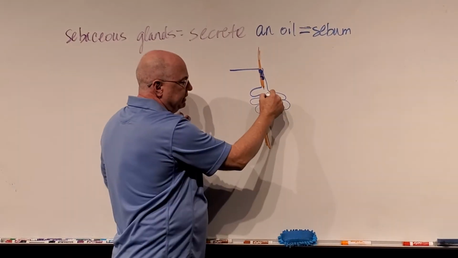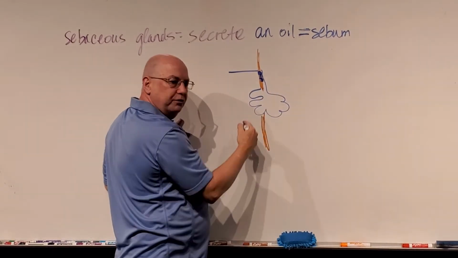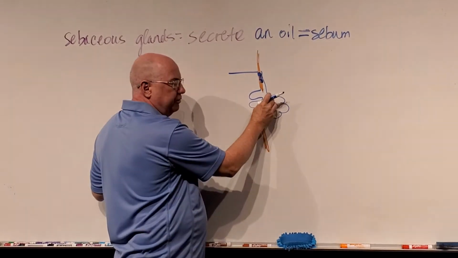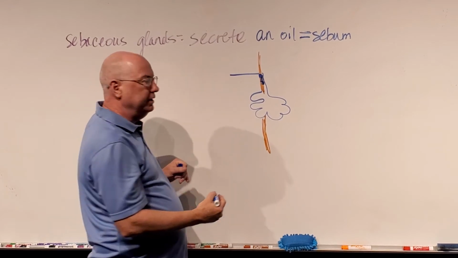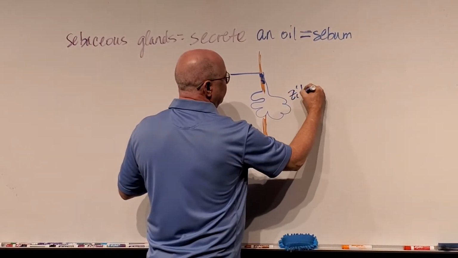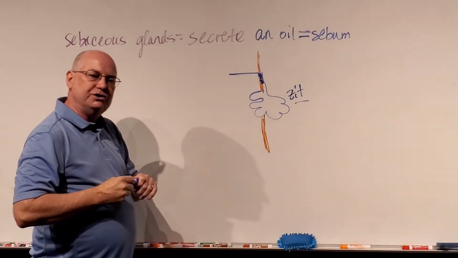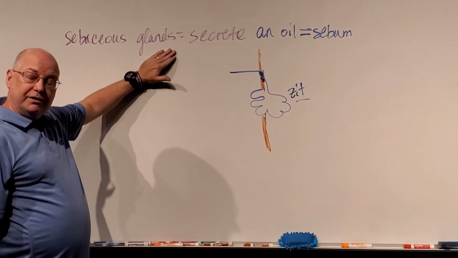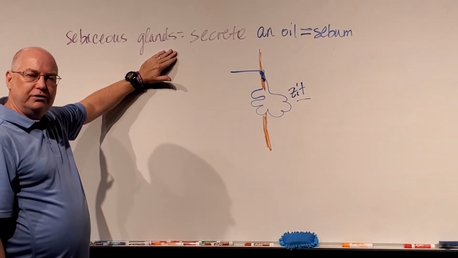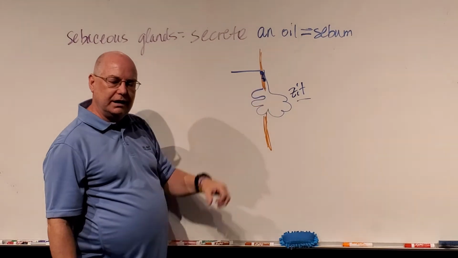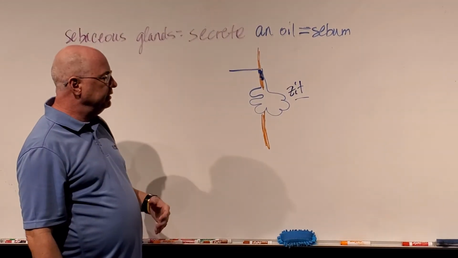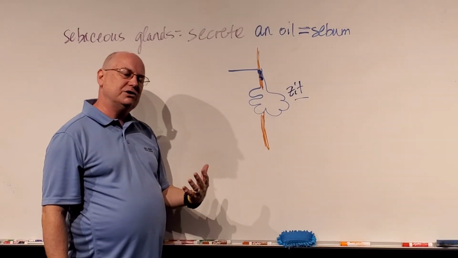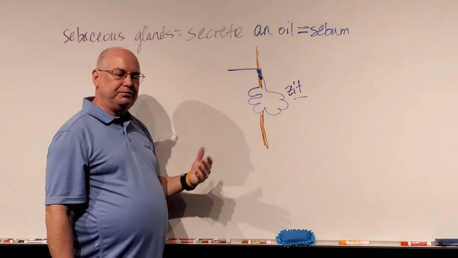And bacteria can get in here also, and those bacteria will feed on those lipids and the carbohydrates in the cells in here and create an infected sebaceous gland, which we call a zit or a pimple. So most of the zits or pimples in your body are infected sebaceous glands, oil glands, and they're clogged and get lots of bacteria in them. If you clean your skin regularly, you can sometimes decrease the formation of pimples.